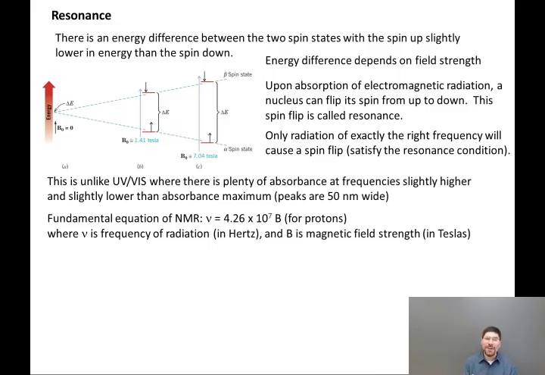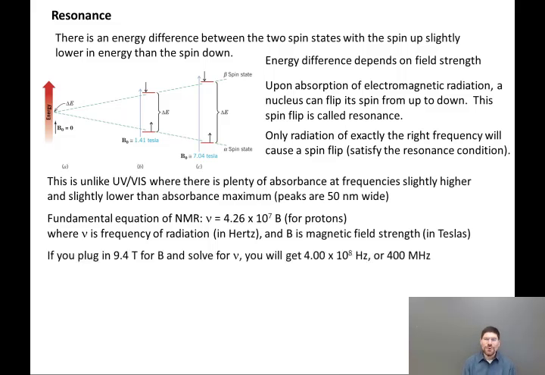It is a different number for different nuclei, but since we're going to focus on hydrogens, we're just going to use this one. So nu is the frequency of radiation in units of hertz, and B is the magnetic field strength in units of teslas. So if you plug in 9.4 teslas for B and solve for nu, you will get 4.00 times 10 to the 8th hertz, which, to make that sound a little nicer, we will refer to as 400 megahertz.